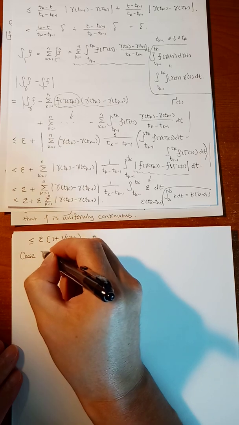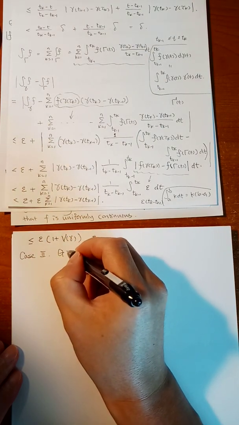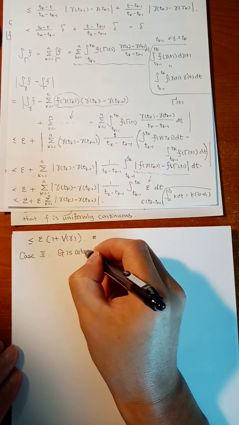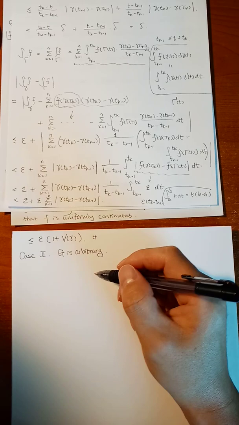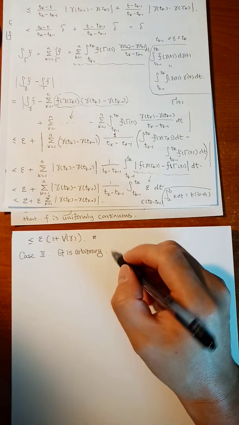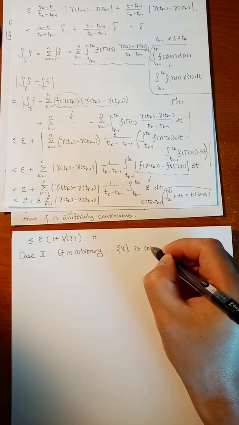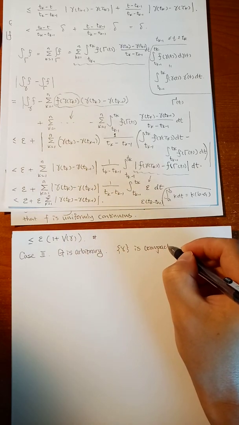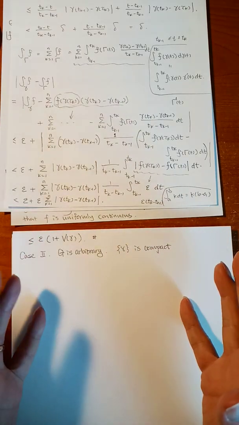Now let's pass to the general case. G is arbitrary. Still, the trace of gamma is compact. So we're going to cut this gamma into small pieces.